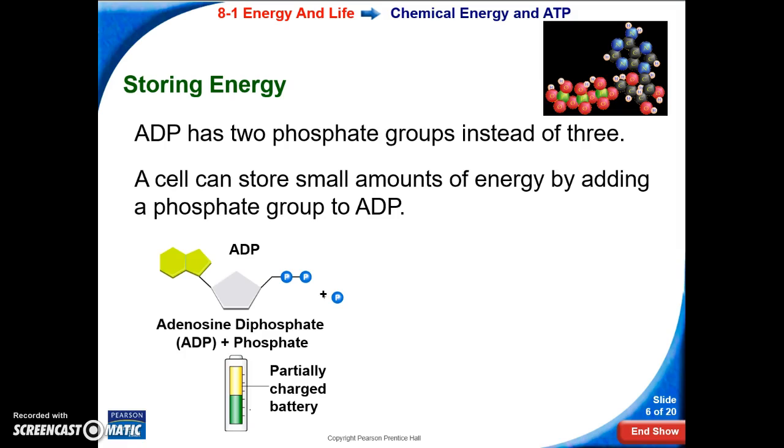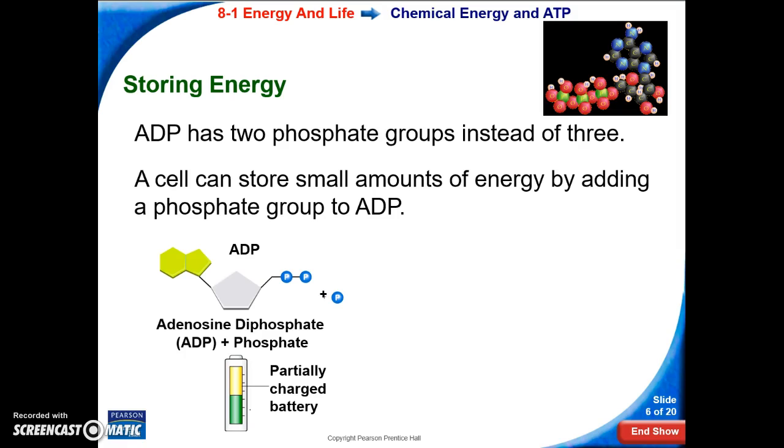ADP is when we only have 2 phosphates attached instead of the 3. You can see here in this diagram down below how if we take off one of those phosphate groups that are attached, one of those blue circles, then we have ADP.